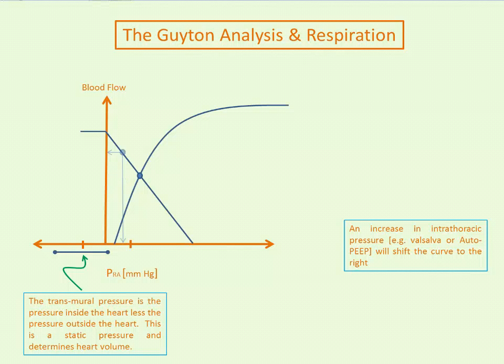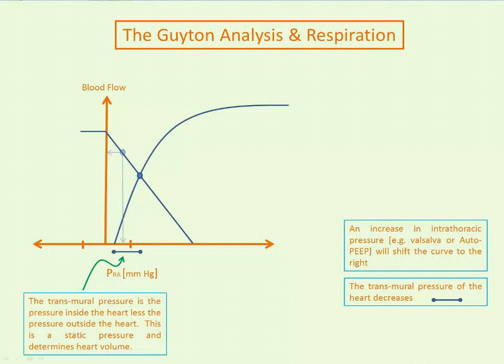And additionally, with the Valsalva, you've actually lowered your transmural pressure. So actually, in this patient, the volume of the right atrium or the volume of the right ventricle would shrink with Valsalva, and that's actually exactly what you see, and that's because your transmural pressure is decreasing.